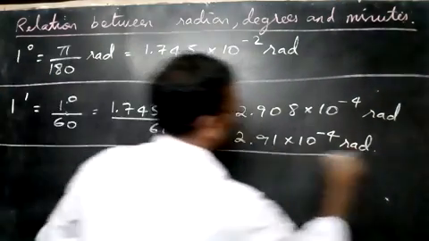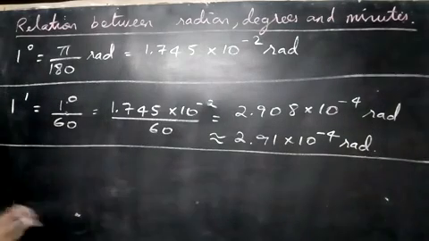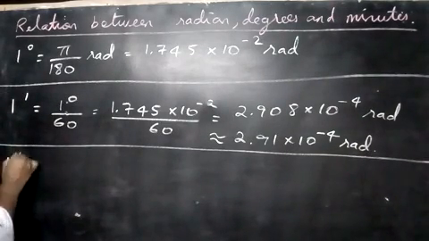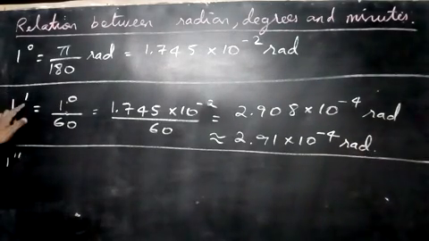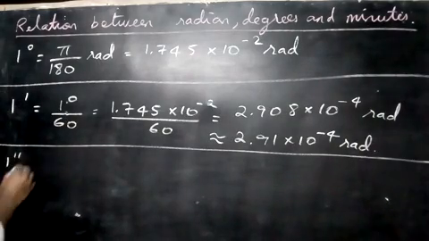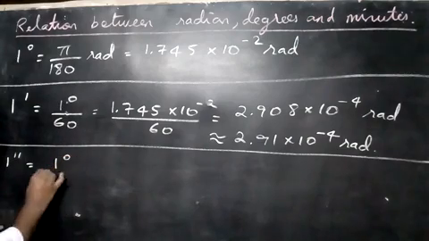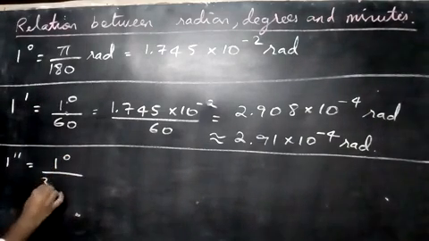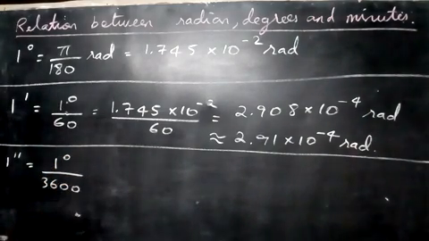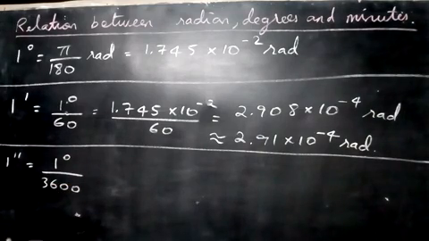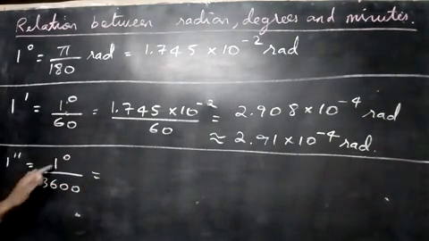Next we'll see what's the value of 1 second. Sorry, this is minute and this will be second. So 1 second is equal to 1 degree, you take 1 degree and divide it by 3600 parts. It's just like the hour, minute and seconds only. So 1 degree by 3600.